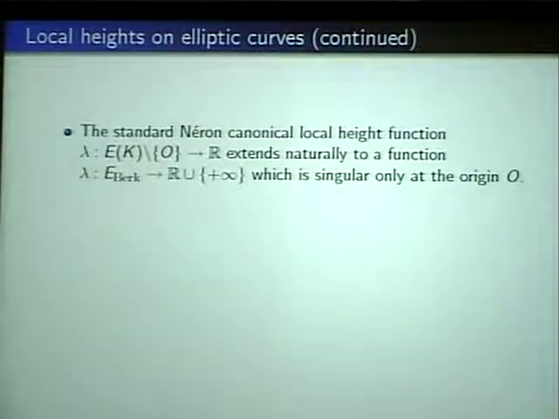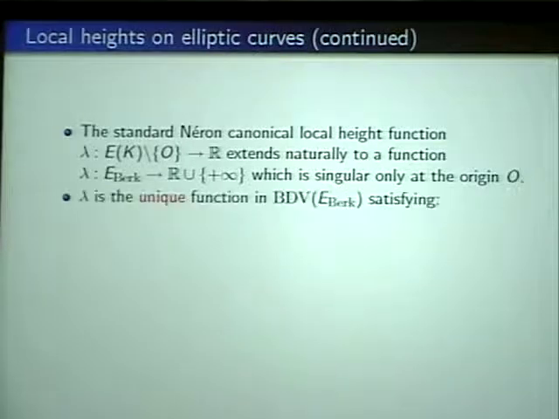And I claim that this standard local canonical height function, which I'll pretend you know what that means, and I'll call it lambda, extends naturally to Berkovich space, which isn't surprising because these things are defined as limits of things of the form log absolute value of something, and by definition such things extend to Berkovich space. So it's natural to expect these kinds of functions to make sense on Berkovich space. And it's singular only at the origin.